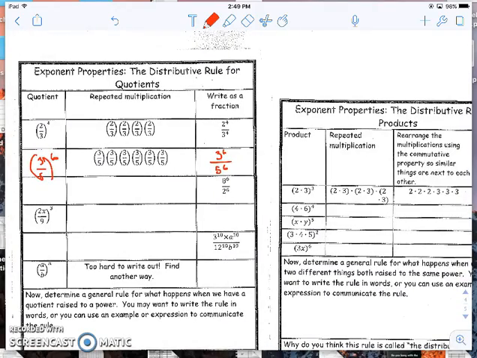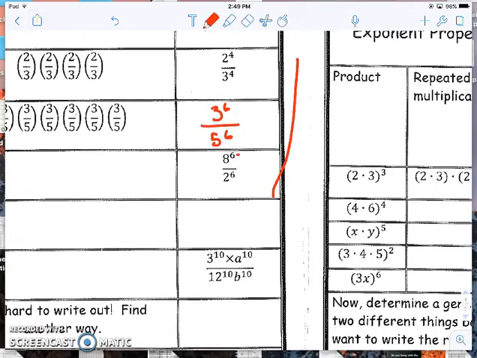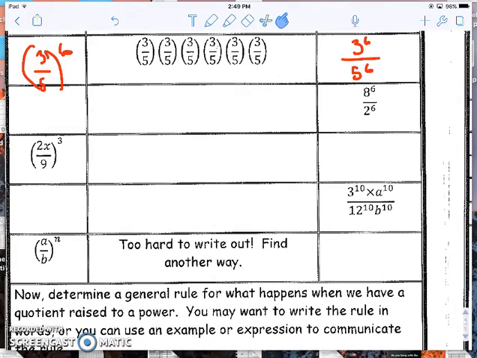As you can see, we're just distributing these down. So this one here, our 2x, we would have 2 to the 3rd, x to the 3rd over 9 to the 3rd.